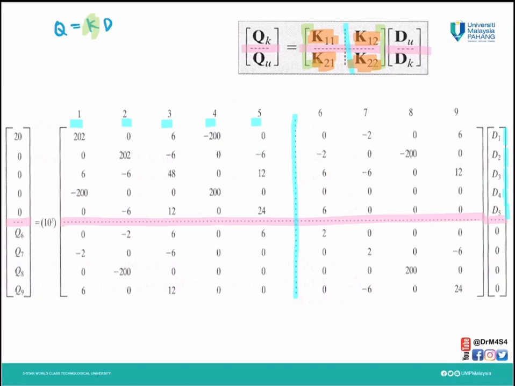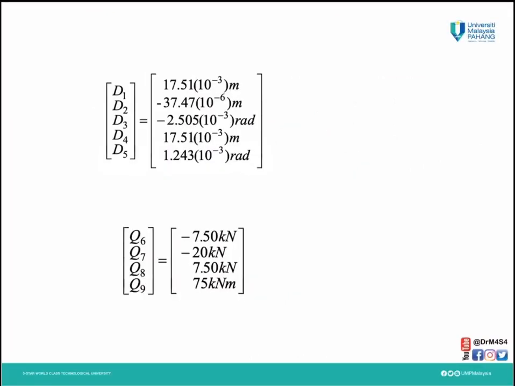By solving this, we get the answer. By solving QK equal to K11 DU plus K12 DK, we get the displacement, as you can see here.